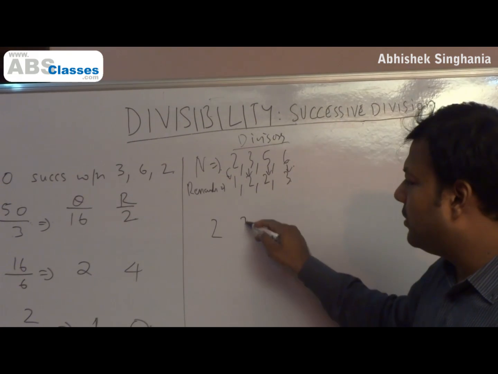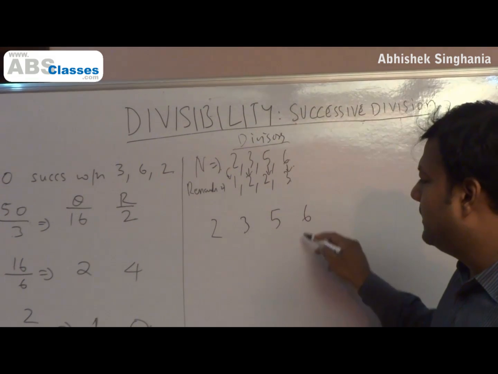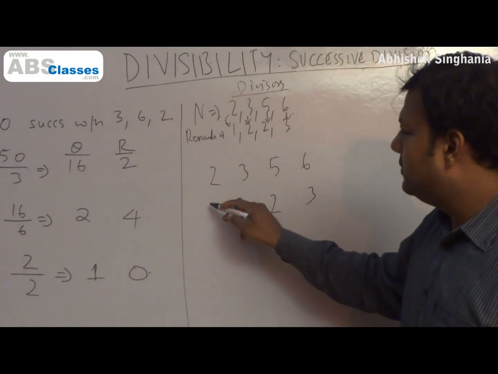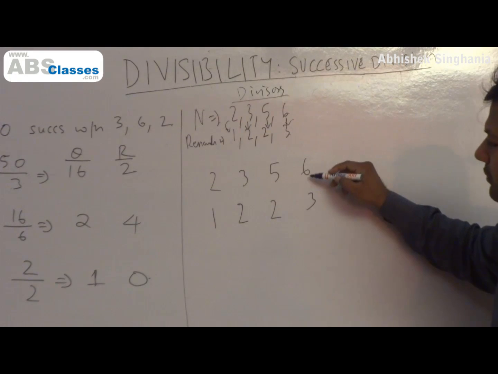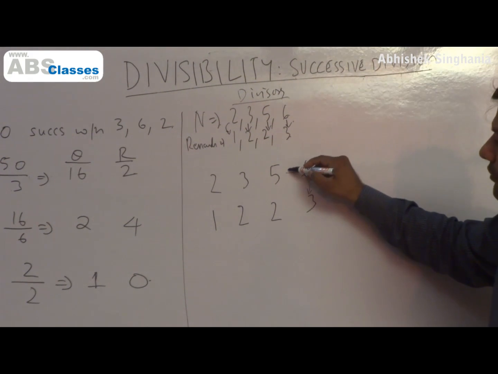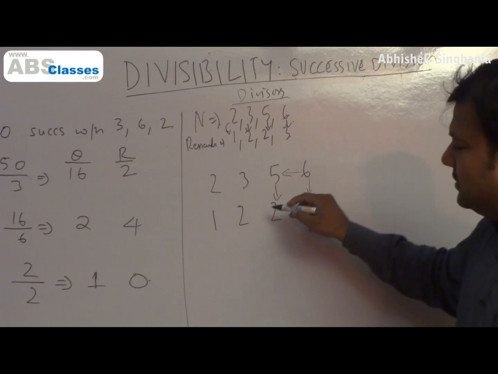Let me write it in a proper way so you understand it better. The downward arrow will mean addition and the horizontal arrow will mean multiplication.